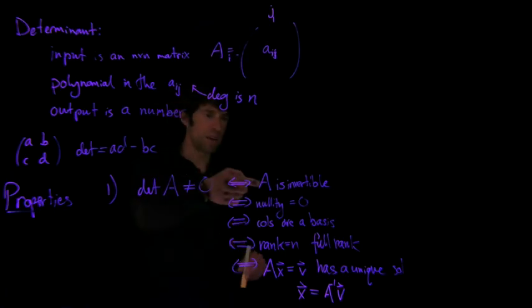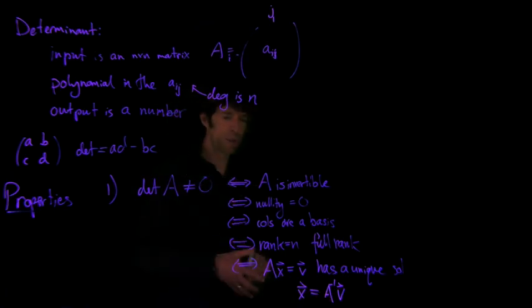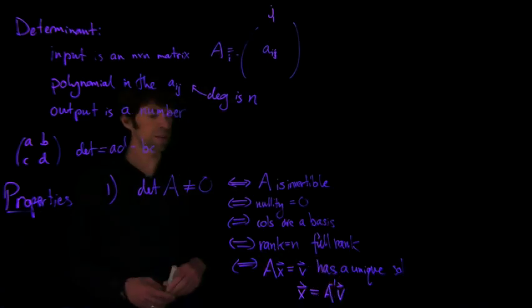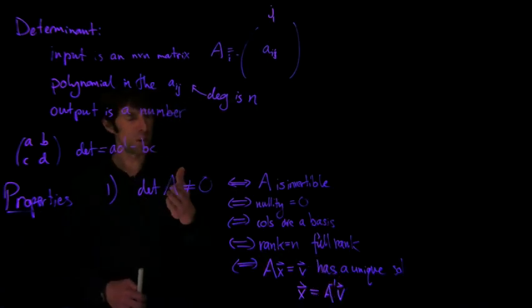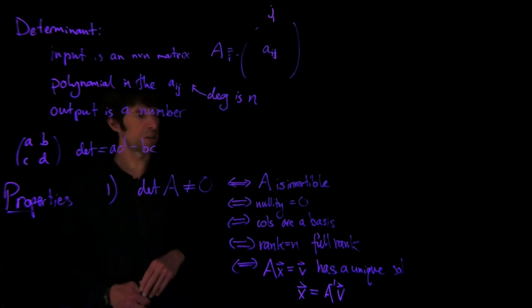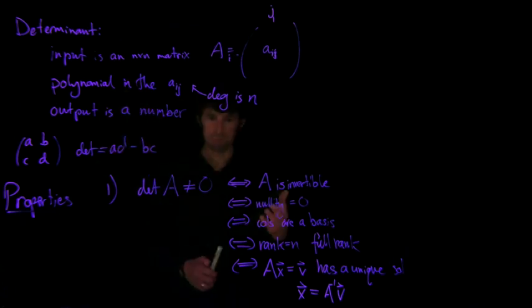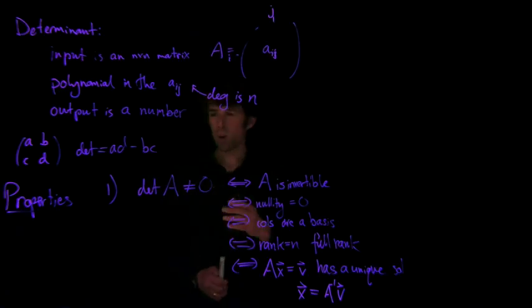All right, so A being invertible means we can find this inverse matrix, and A inverse times the vector v gives us the solution. So the determinant tells you whether or not you can find an inverse, and you can solve the system of equations. That's the most important property.